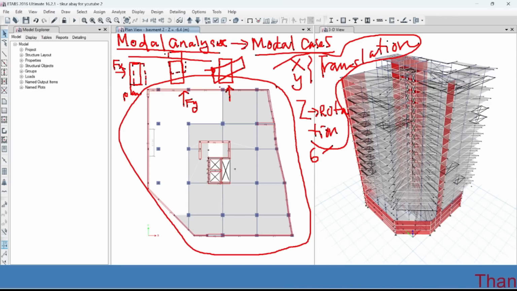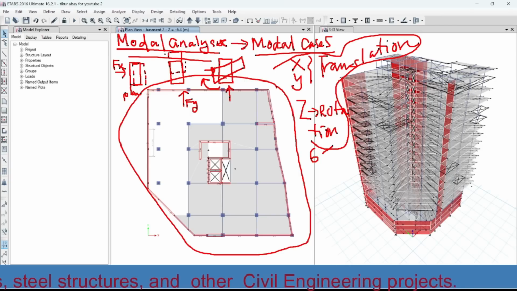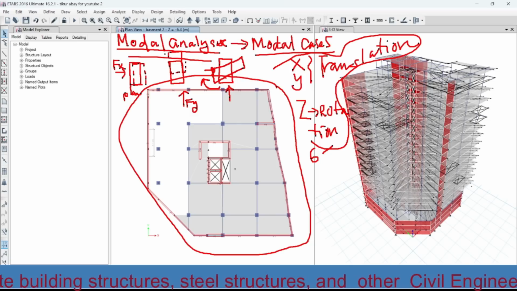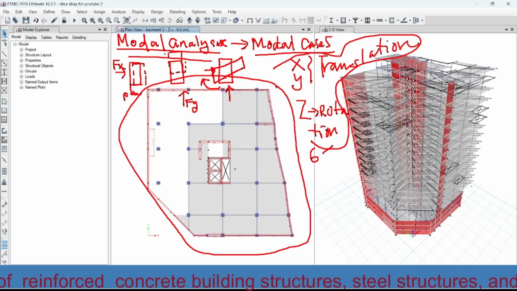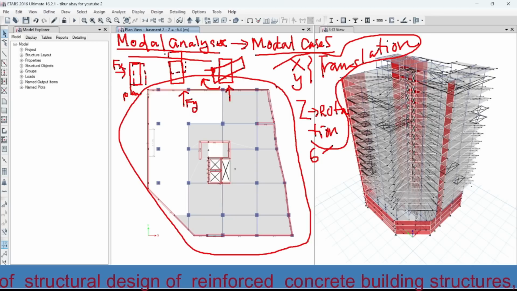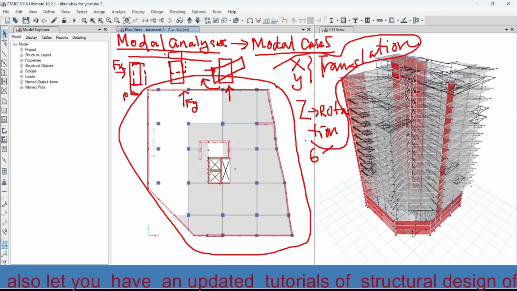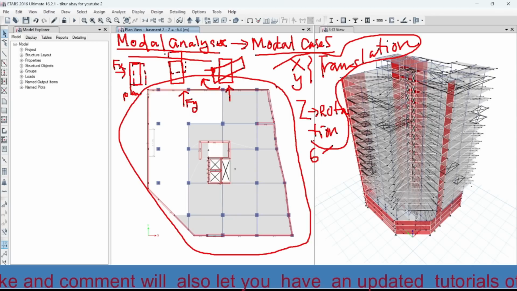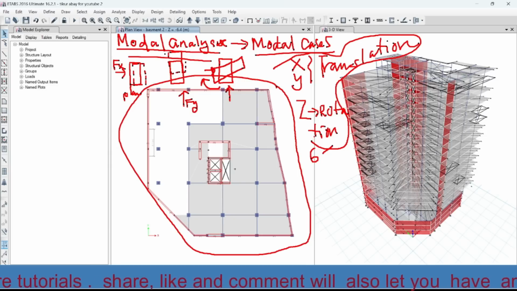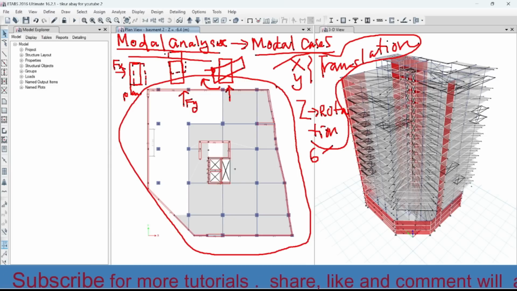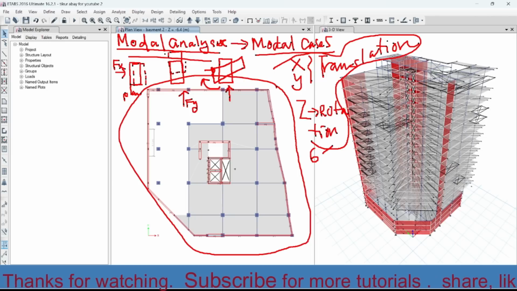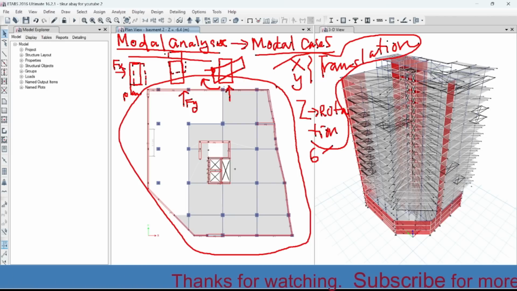That means that is rotation. So the building will undergo two modes of translation and one mode of rotation. So the modal analysis will be using two translations and one rotation. That means 3 degrees of freedom.